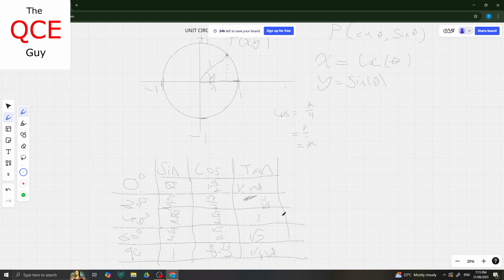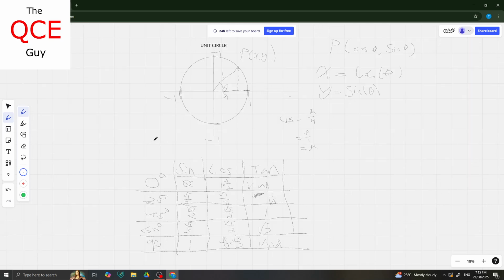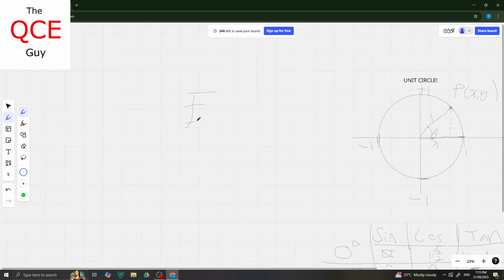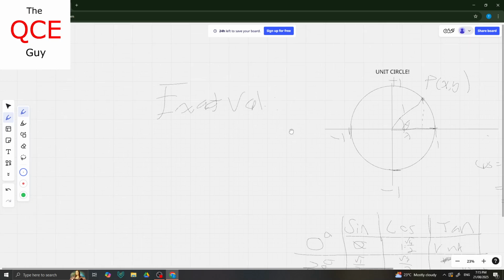And the cool thing with the unit circle is that these values work with anywhere on the unit circle. So let's say we have a question, and it's an exact value question. We want to know the exact value of something. In this case, let's say we want to know the sine of 120 degrees.